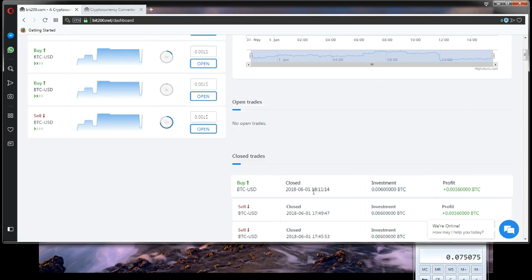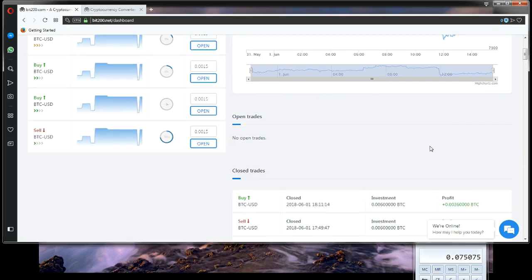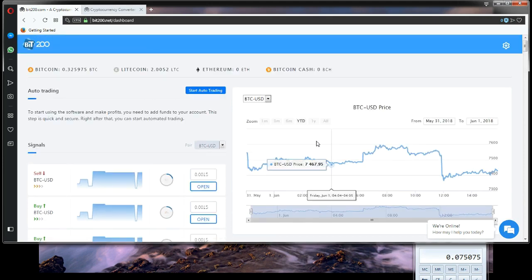Okay, so I'm back. That trade was won. As you can see, the balance has changed from the previous time I recorded. I started recording when my balance in BTC was 0.2509. Right now it's 0.325975.